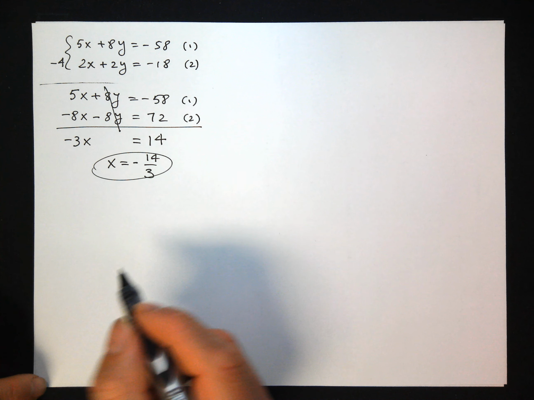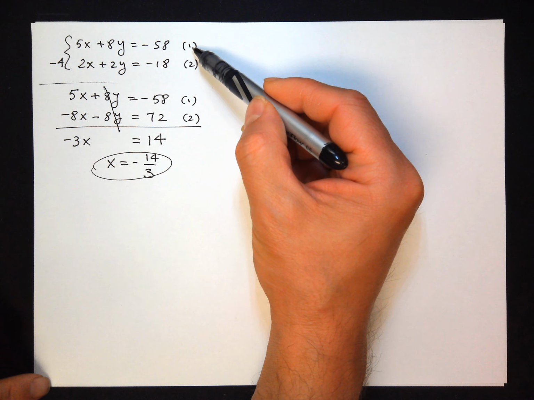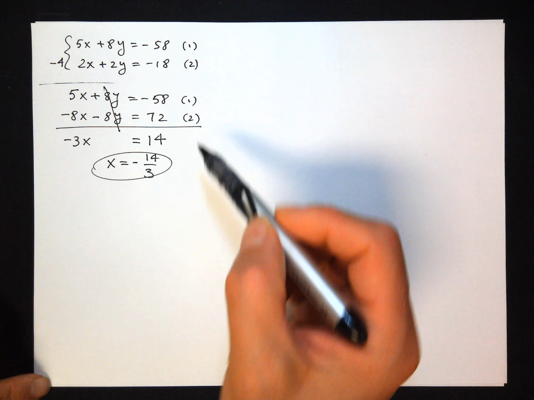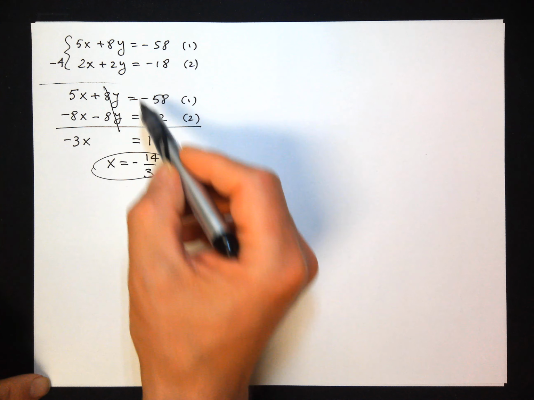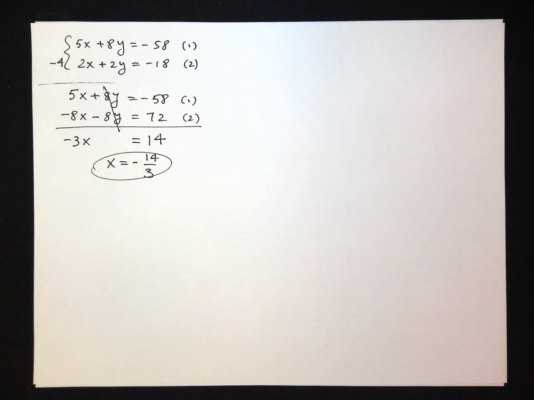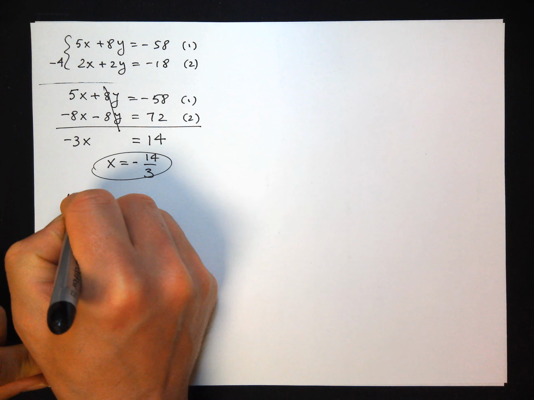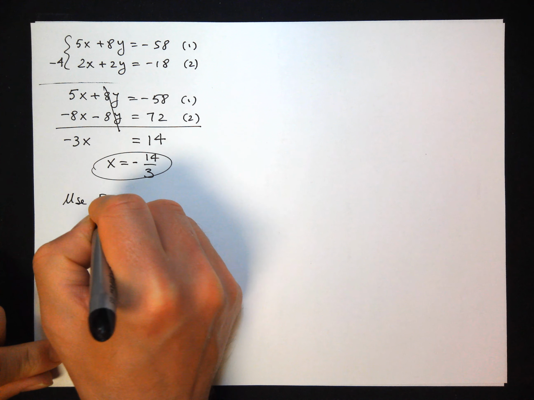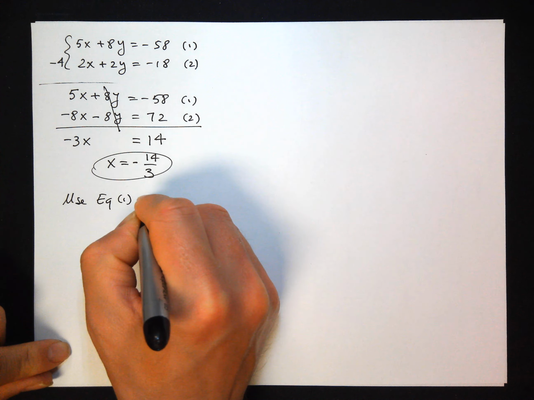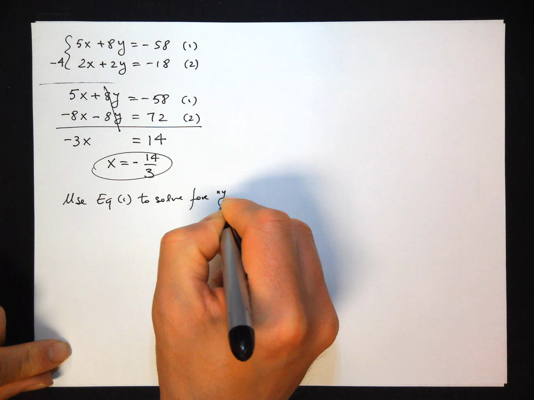Because I found one of the two variables, I can use either the first or the second equation, plug in for x, and then find the y. It's up to us which one we pick. It doesn't really matter. At random, you can use equation 1 to solve for y.